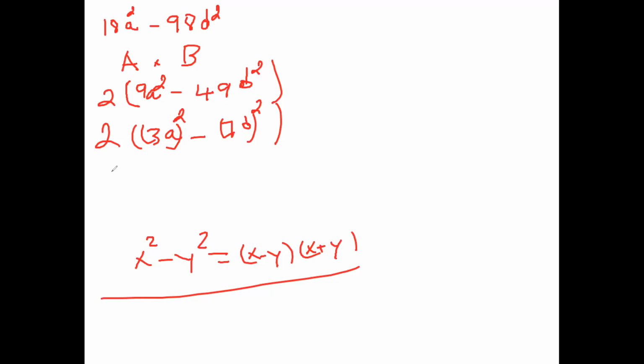Yes. So we have two squares. Now we take the bases without the powers. One with a minus, the other with a plus: 3a minus 7d. What else? 3a plus 7d. Exactly.